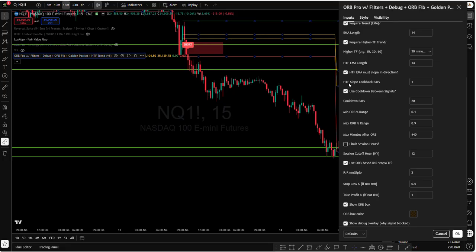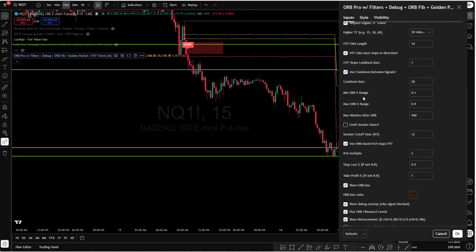And then making sure the high time frame slope look back bars, so making sure that everything's moving the way it's supposed to be moving in the higher time frames. The cool down bars and the ORB percent range, minimum and maximum. The cool down bars are just making sure that there's enough candles closing out in the right direction for the indicator to give us a signal.